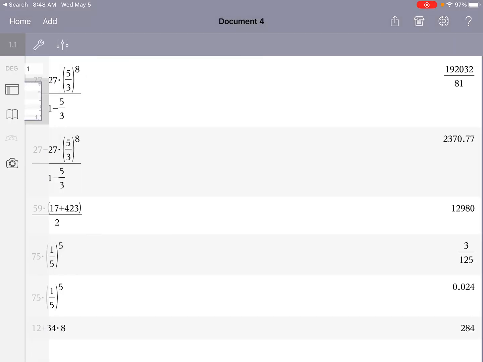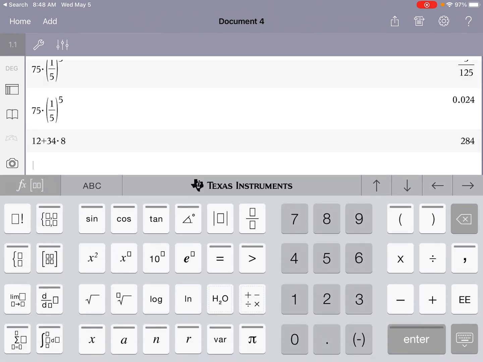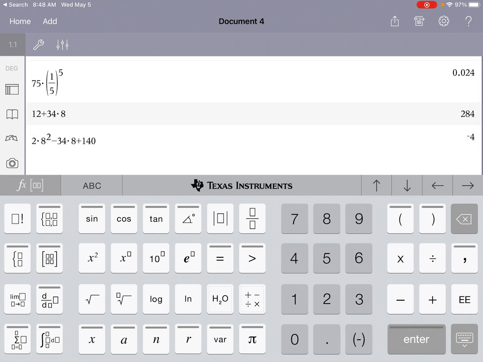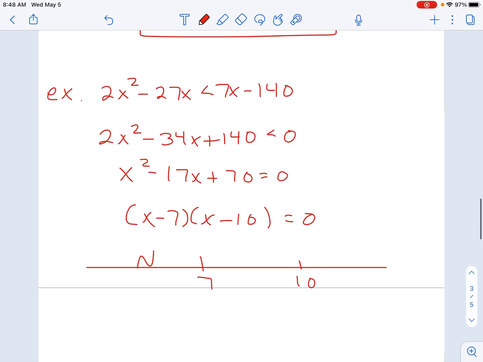All right, so we have 2 times 8 squared minus 34 times 8 plus 140, and I get negative 4, and negative 4 is less than 0, therefore that part worked.